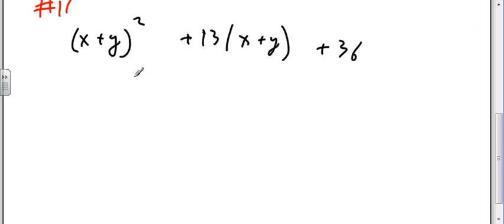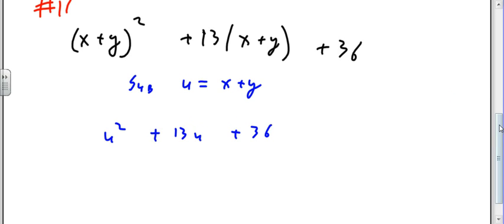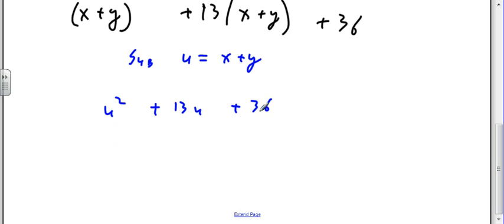I'm going to do a substitution. I'm going to let u equal x plus y. And then I'm going to have u squared plus 13u plus 36. Now 36 factors 4 and 9. 4 plus 9 is 13. u plus 4, u plus 9.